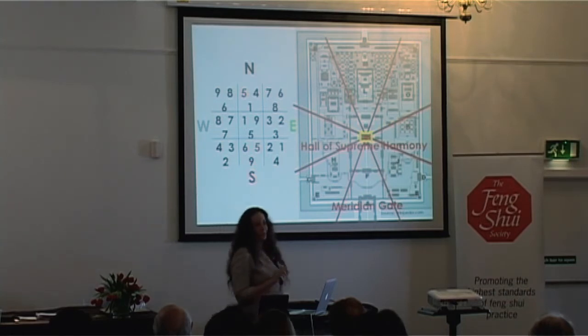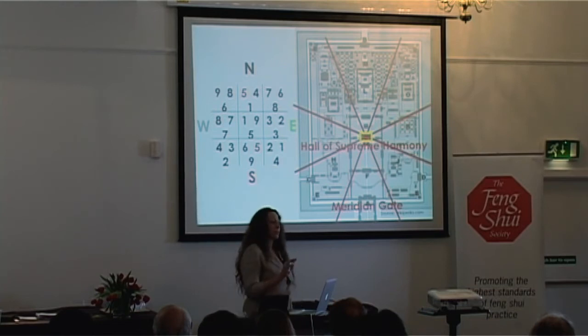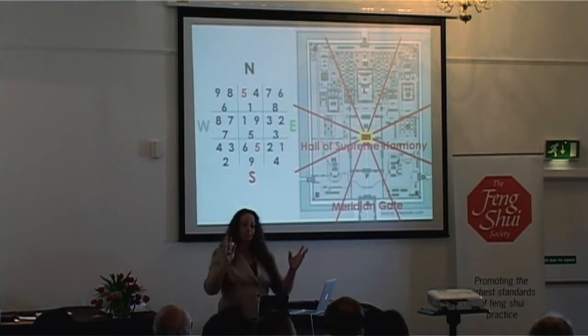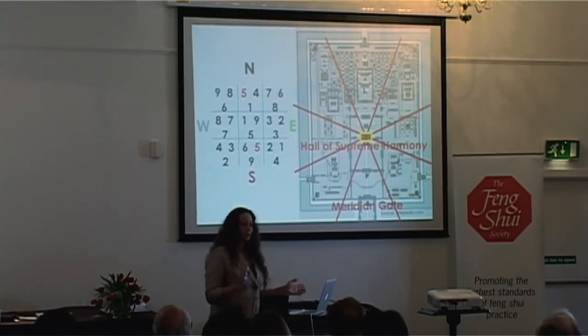So 5 represents the emperor and 6 represents heaven. So the emperor rules over heaven. So I see that as a very strong symbol of why they would pick this particular chart to build the Forbidden City. If you study Flying Stars, this would have to be the basic, the most important chart of all the star charts, because it's the original one where everything else came from.